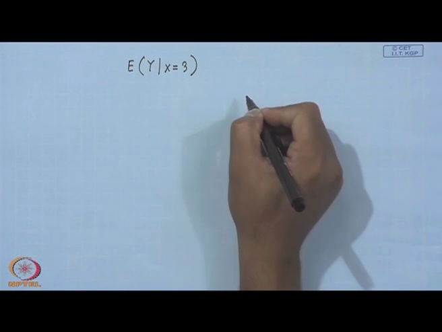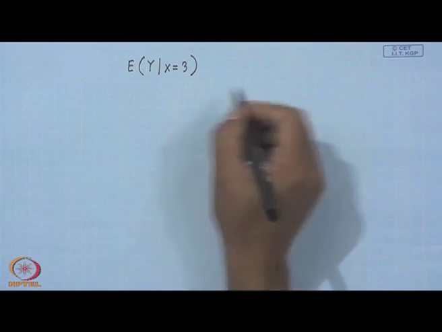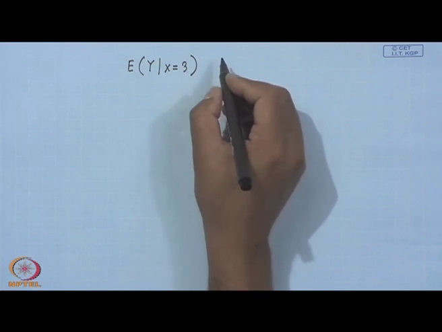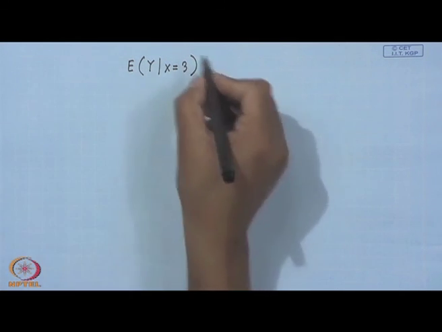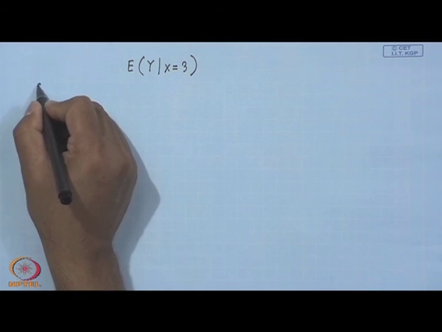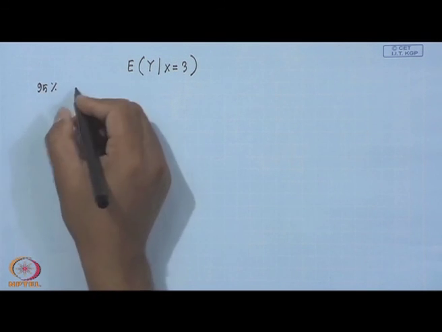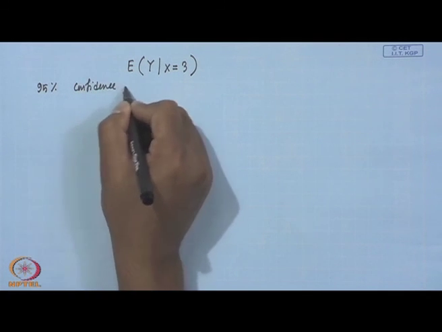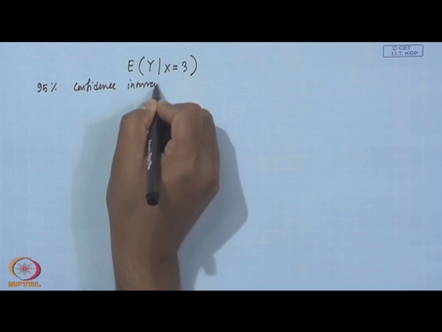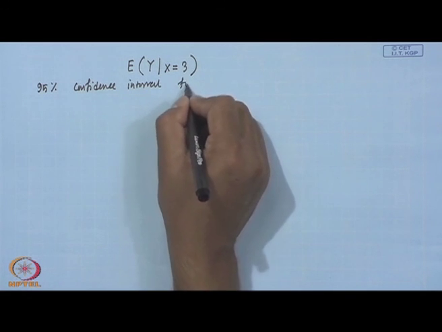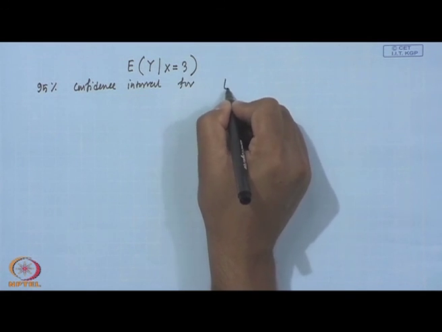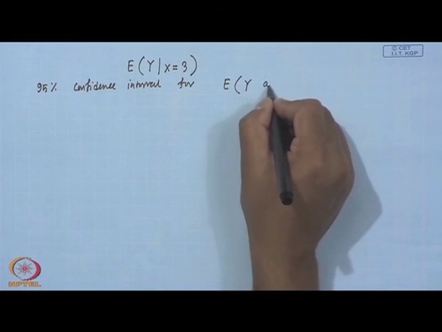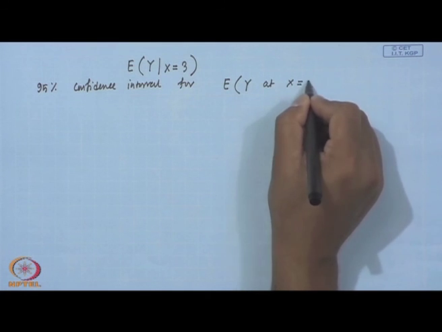Let me write, instead of x equal to 3, that we are looking for a 95% confidence interval for the mean value of y at say x equal to x naught.